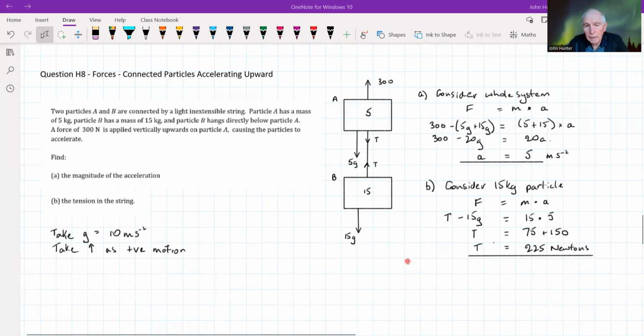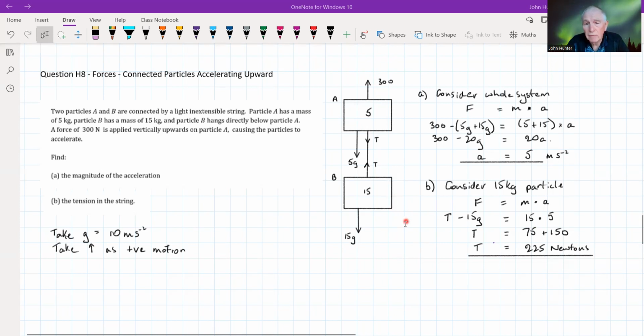Now, this is another example of systems of particles. In truth, most of the questions that relate to acceleration in the forces section tend to be systems of particles, usually a couple connected together, and that's exactly what we've got here.